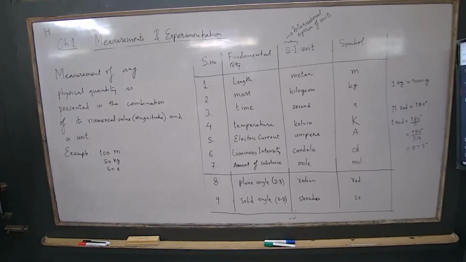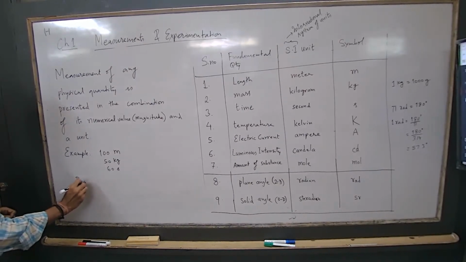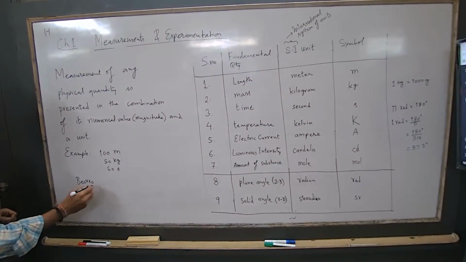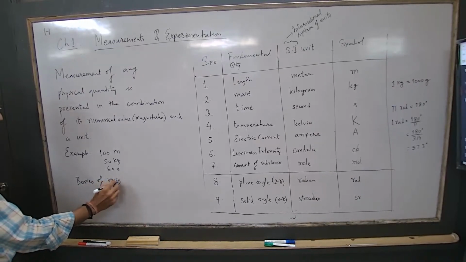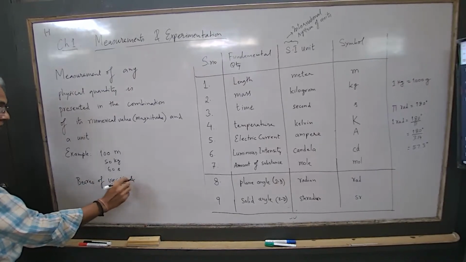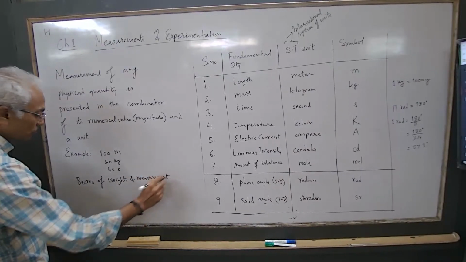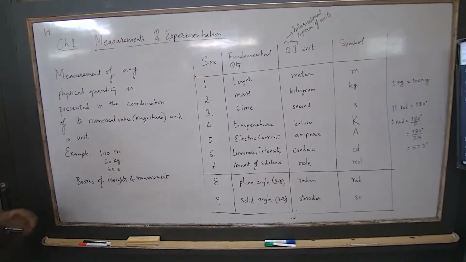There is something called the Bureau of Weights and Measures. I don't know, Bureau, what is this spelling? There is a global Bureau of Weights and Measures, and every country has that. Bureau, spelling mistake. Yeah, it's a weird spelling.